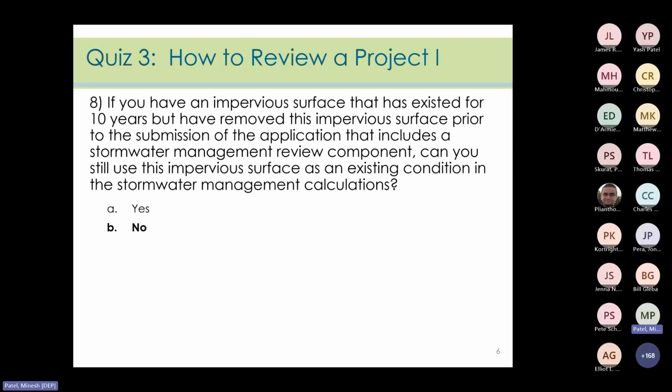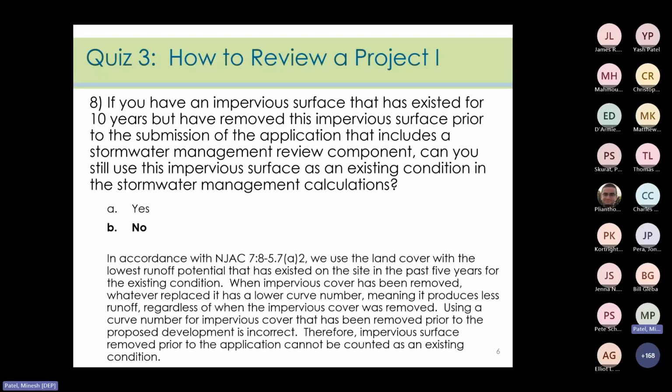And the answer here is B, no. We use the land cover that has the lowest runoff potential that existed on site in the past 5 years for the existing condition. If you remove impervious cover, anything you replace it with is going to have a lower curve number, regardless of when that impervious cover was removed. So impervious surfaces removed prior to the application cannot be counted as an existing condition.